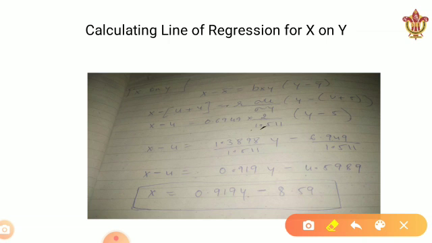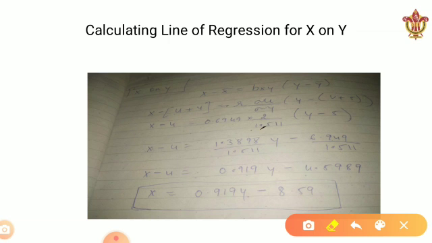So we have done the same thing: x minus x bar. The value of x bar is 4, so we have put x minus 4. The value of r we have substituted, then sigma u and sigma v we have already calculated in our previous steps. We need to substitute all those values, and we need to substitute the value of y mean. All these values we have already calculated in our previous steps, so we don't need to worry.